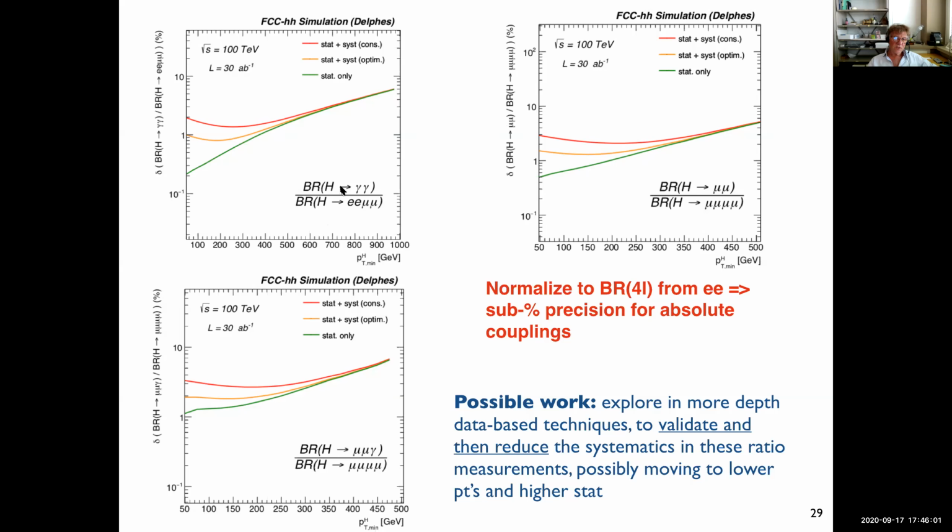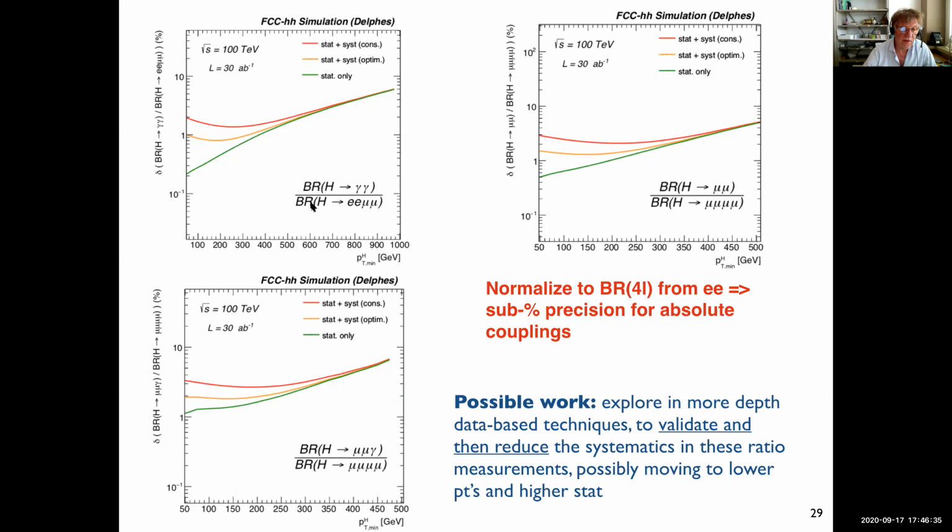So looking at these ratios, the ratio of Higgs to gamma gamma, for instance, over Higgs to e plus e minus, mu plus mu minus, allows the Hadron machine to reduce significantly both the theoretical and the experimental systematics, because it's a ratio, so the luminosity and many of the identification efficiencies drop out, and certainly the theoretical uncertainty on the production rates of the Higgs goes away because we are taking a ratio.